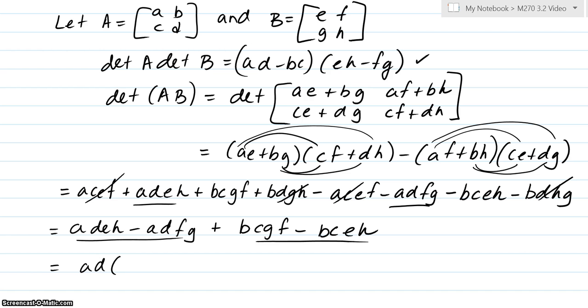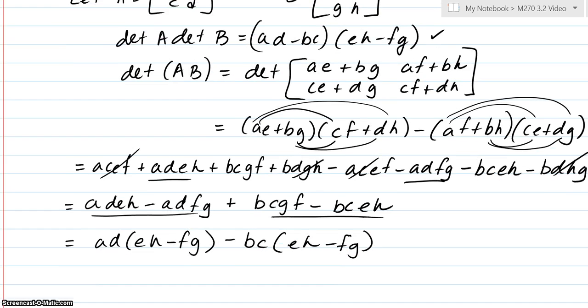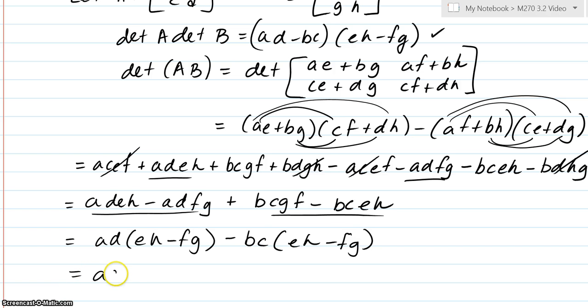ad is common. I actually want a minus. I want these to be the same, so I want this to be first. So I'm going to take out a minus bc and then put this first, so it looks like this, minus fg. And then we have it, ad minus bc. What's common is this.